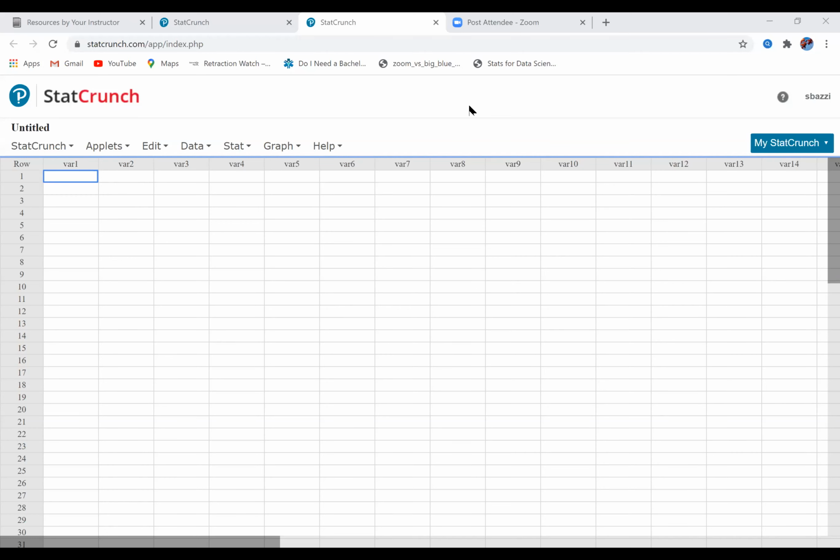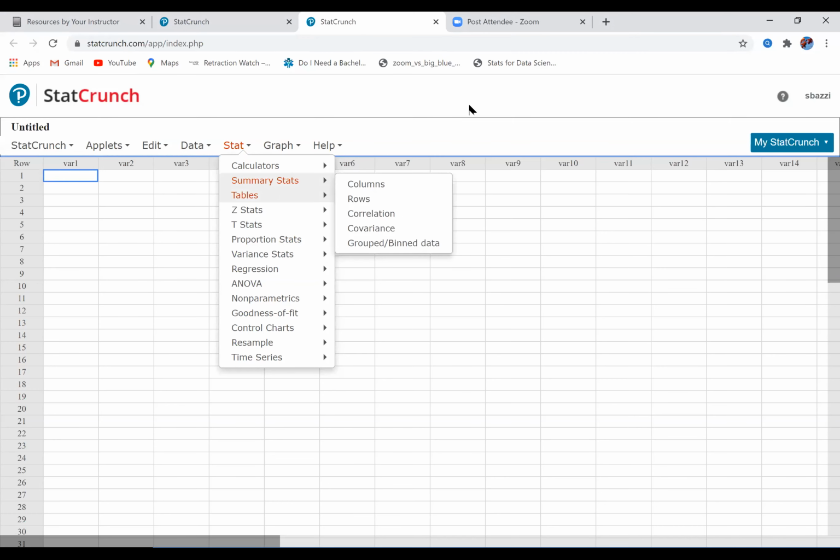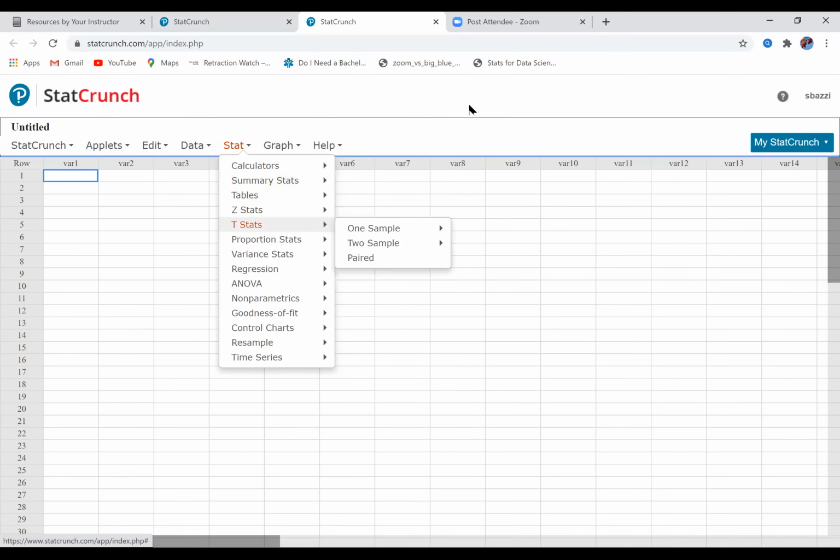Okay, look how you can use StatCrunch. You click on Stat. Now you should tell me, guys. We decided it's a T. So which one do you think I should use? It's somewhere in here. T-stats? T-stats, yes.